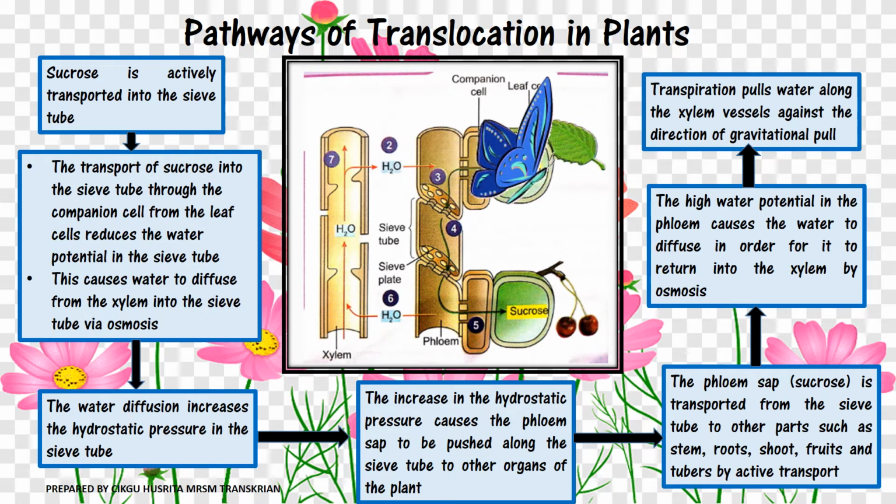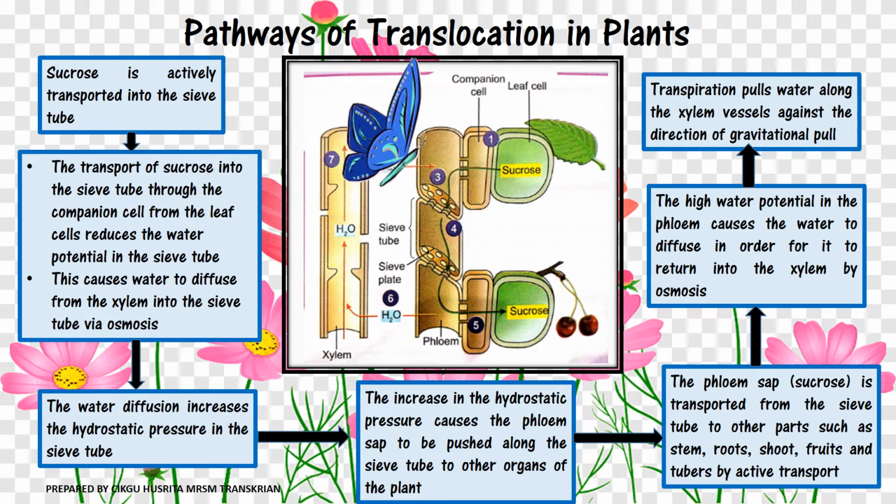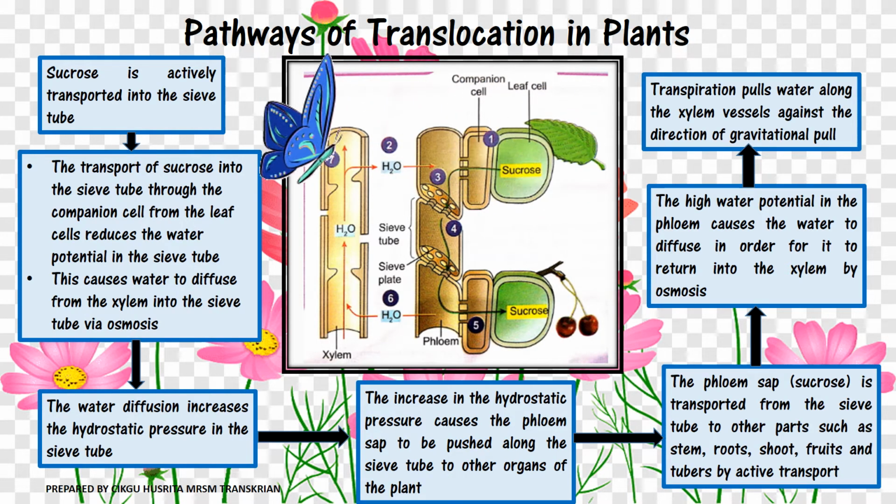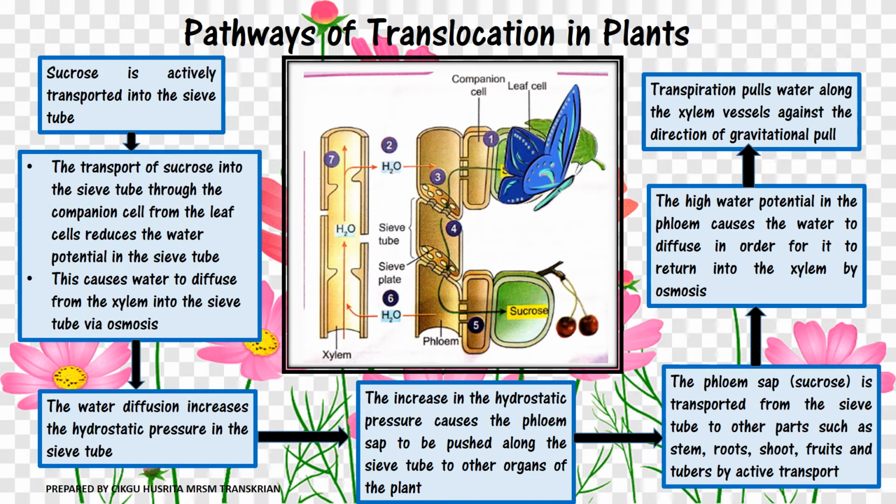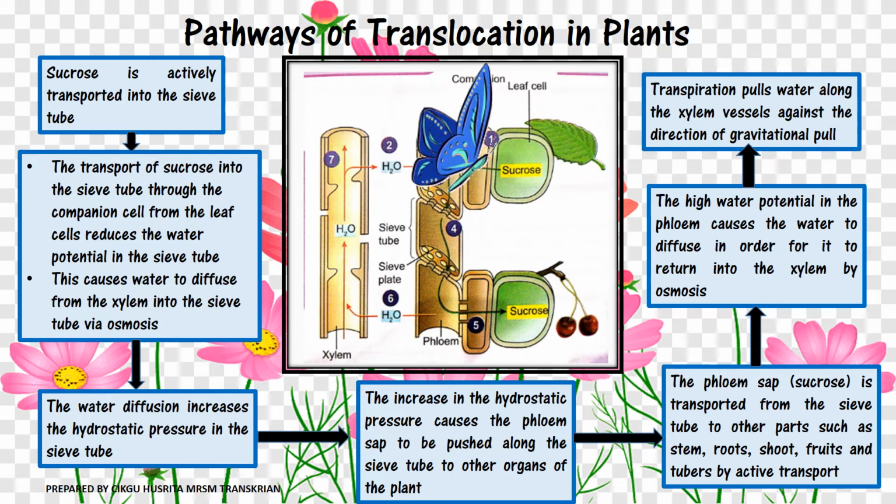Then transpirational pull moves water along the xylem vessel against the direction of gravitational pull. So this is the pathway of translocation in plants. Hopefully you will understand translocation.